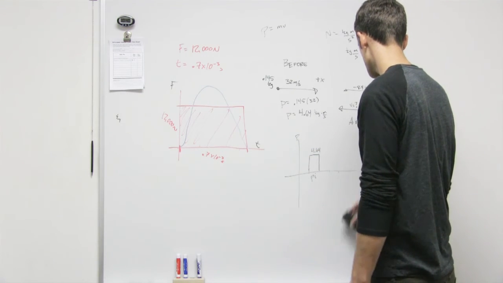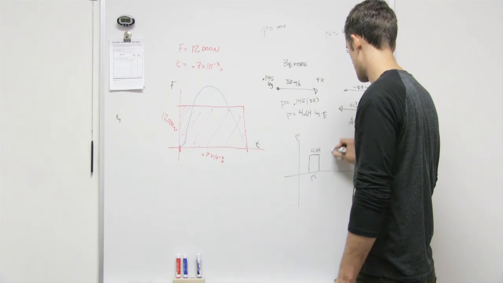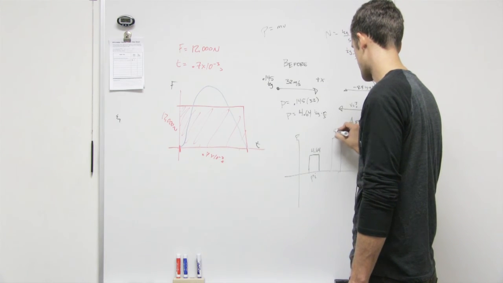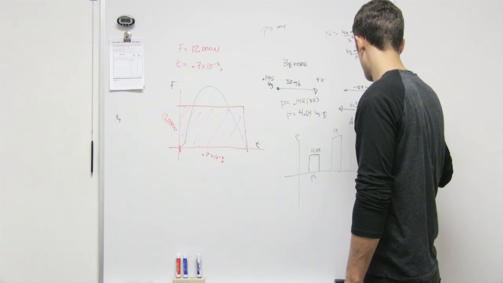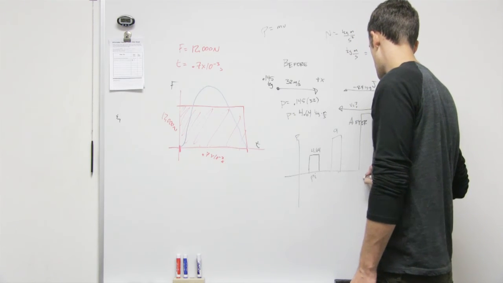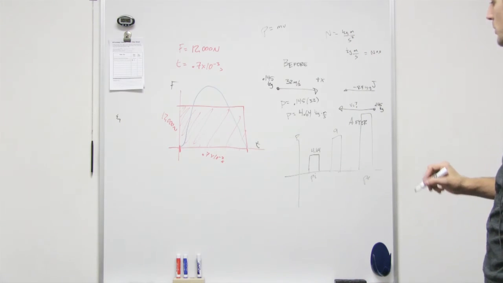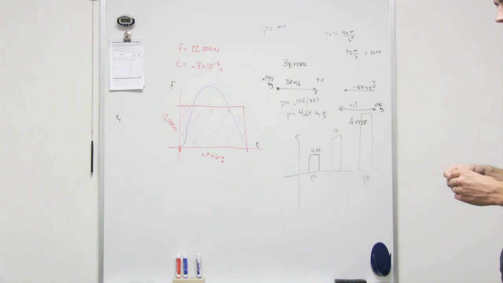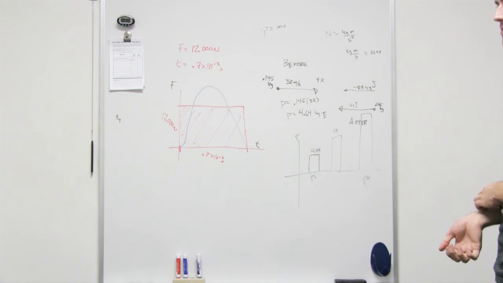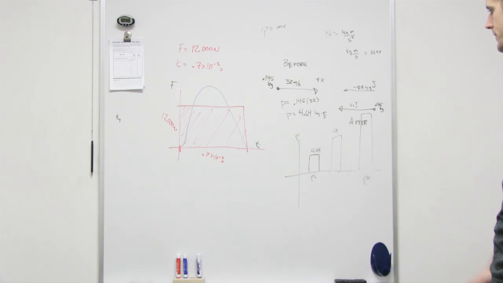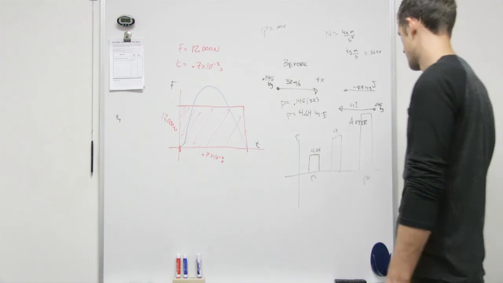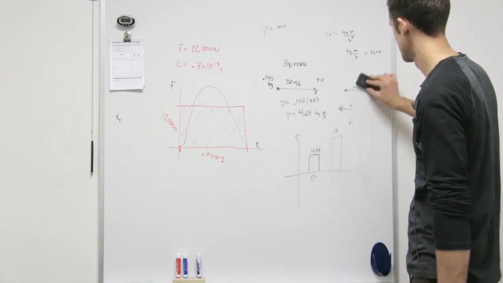Then you'd have a positive J, and your final momentum would be greater. It would be those two added up, like 13.64. Yeah, exactly. So it's pretty straightforward.